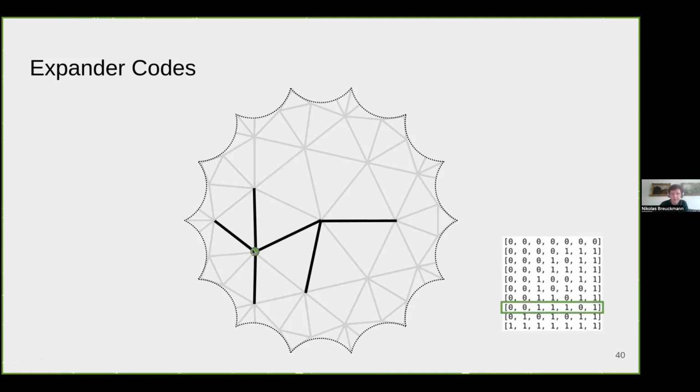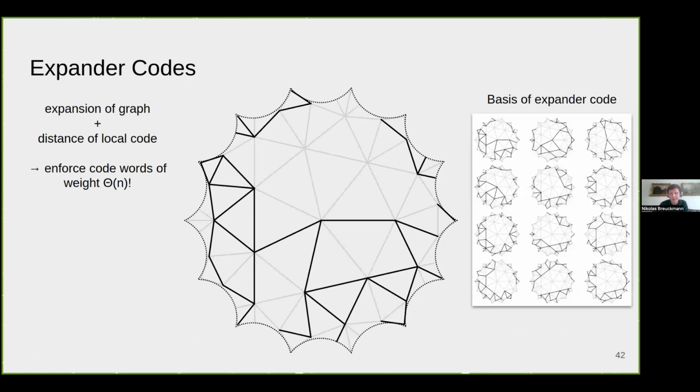So let me fix this by putting another code word around this vertex. But again, you see I've created more problems than I solved, and I can continue doing this, and I create more problems. You have to believe me that I can continue this, and actually I can solve this, and obtain a proper code word where all vertices, all local codes, are satisfied.